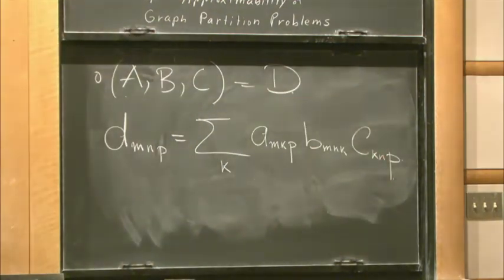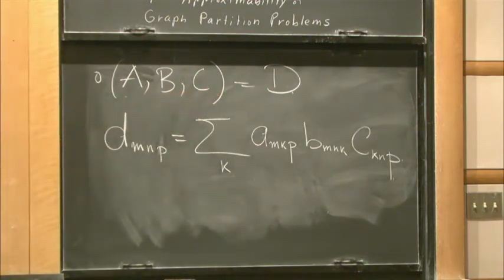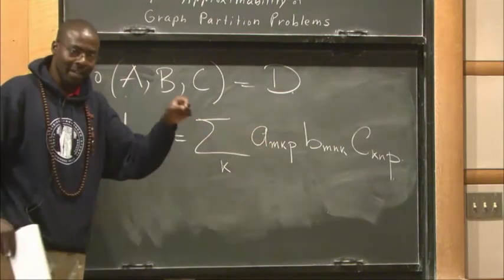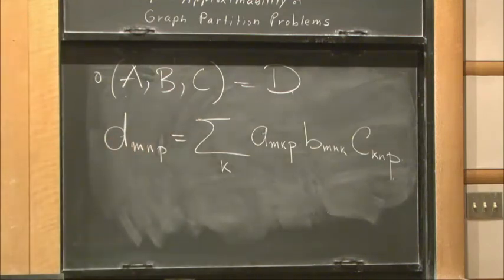All right, so this is a ternary operator which is defined on hypermatrices. And if you look at what's happening, what you're merely doing is correlating rows, columns, and the tubes along the z direction.